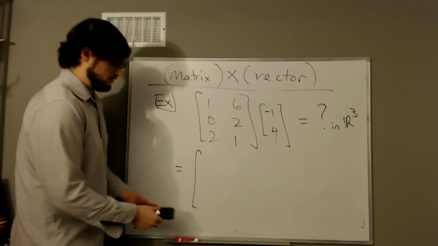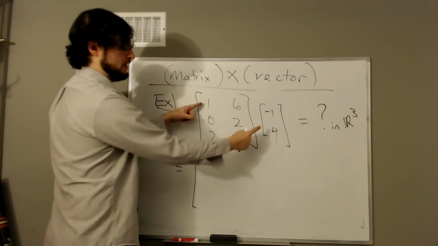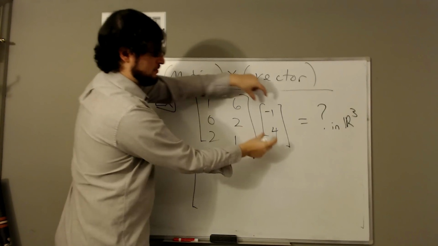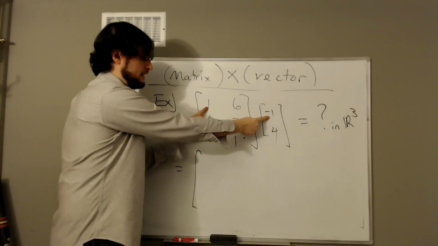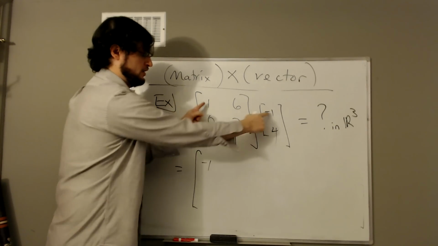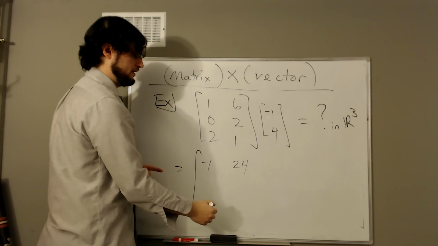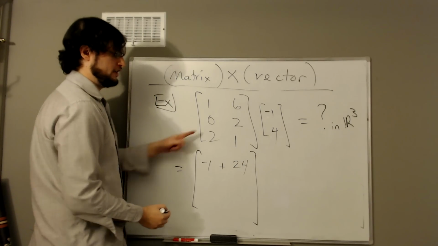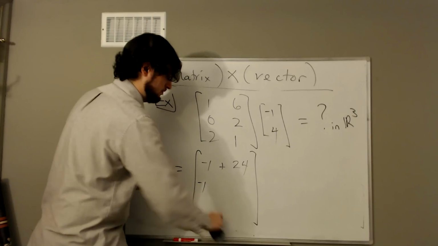What is that vector actually going to be? Well, let's remember. When we multiply matrix times a vector, I'm just going to take, again, thinking about this 1, 6, matching it to -1, 4. 1 times -1, that's -1. And then 6 times 4 is 24. And add. That's the first entry. So you get to the second entry, 0 times -1, which is 0.